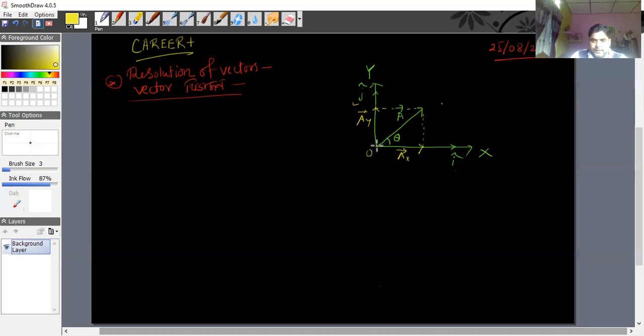Since that becomes a parallelogram, this side can be denoted as AY. So using the triangular law of vector addition, we can write A is equal to AX plus AY.